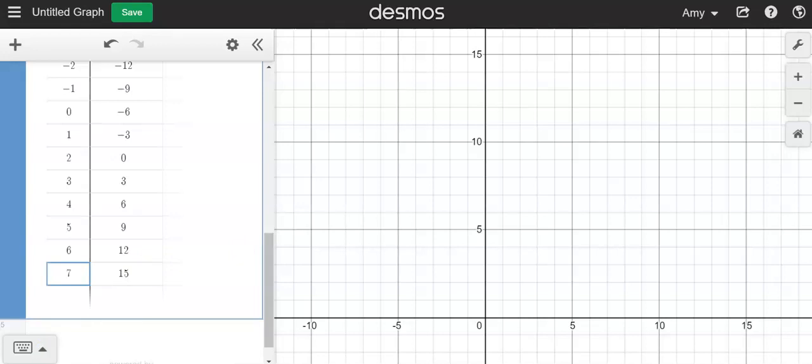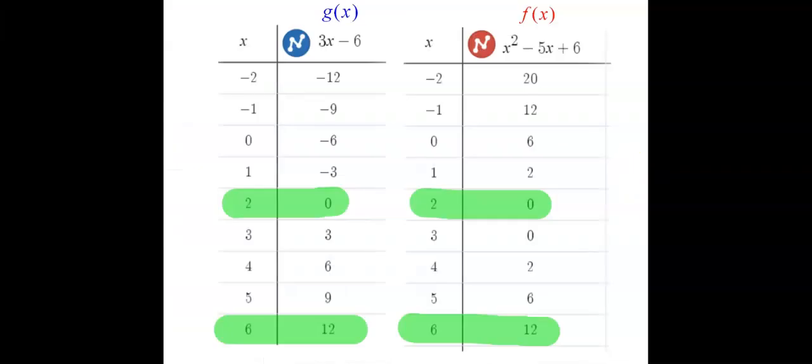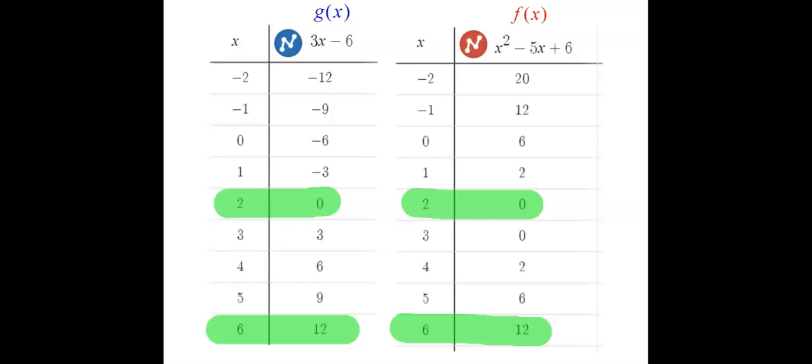Now I'll show you when the tables are side by side and we can clearly see where the intersection points are. So here we have the two tables side by side for g of x and for f of x. And what I'll do is I will draw a line in the middle to kind of divide them up here.